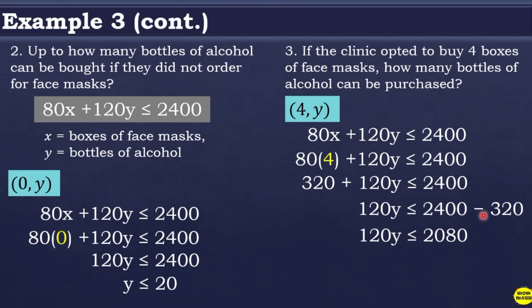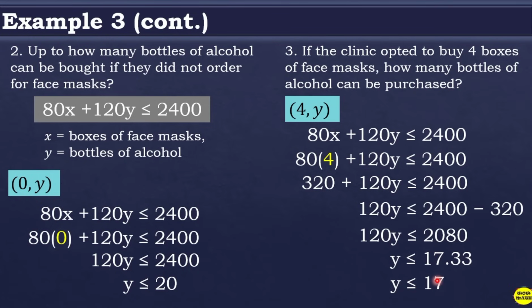So 2,400 minus 320, that is 2,080. So you will get y is less than or equal to 17.33. Now, pag bibili ka ng alcohol, hindi ka naman pwedeng bumili ng bawas. Okay? So, aalisin natin tong 0.33. Doon lang tayo sa whole number. So, therefore, you will have y is less than or equal to 17.